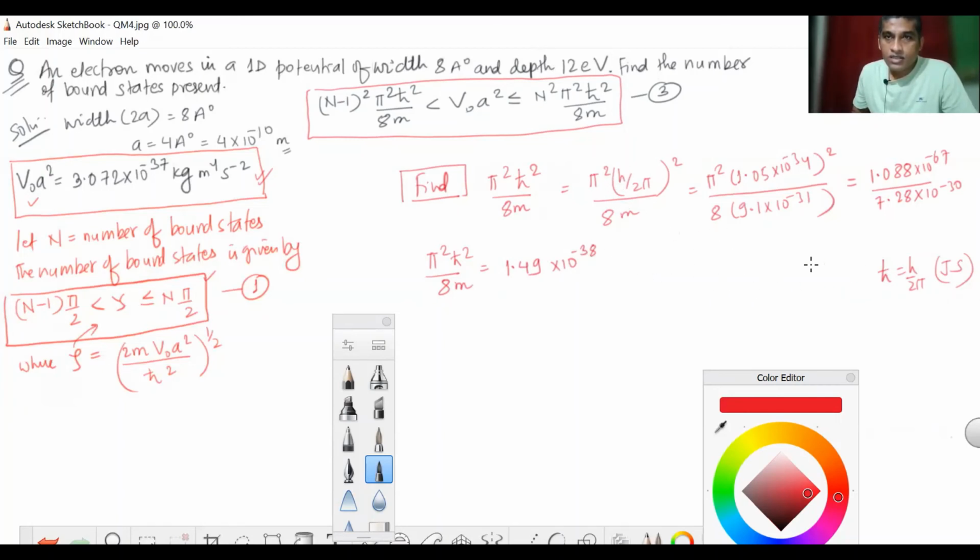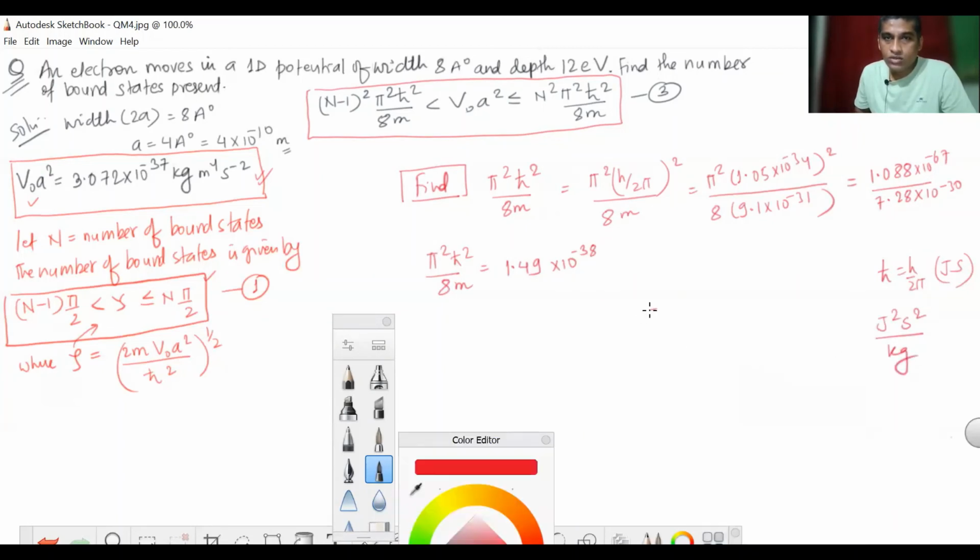See, we have h bar square, so joule square second square by kg, and we know joule is kg meter square per second square. So kg square, clear, second square, we have this kg square.